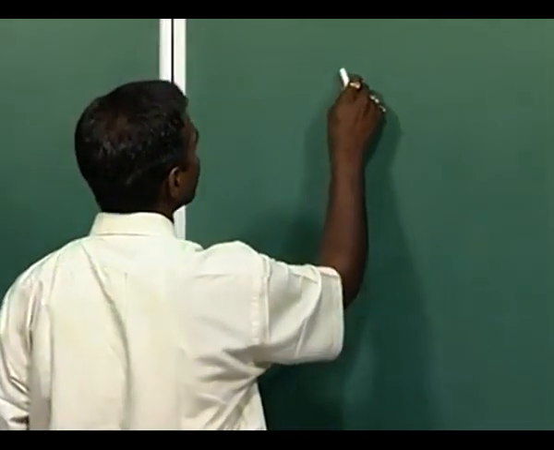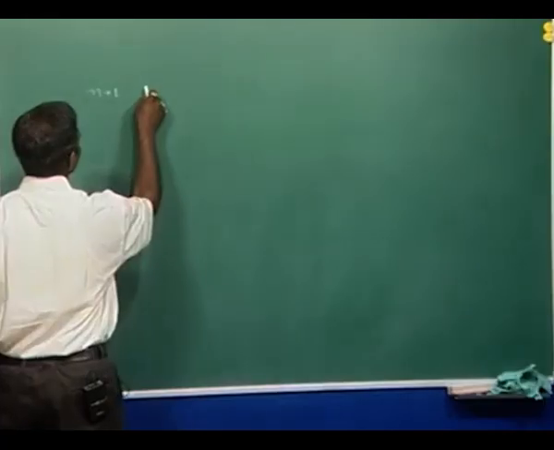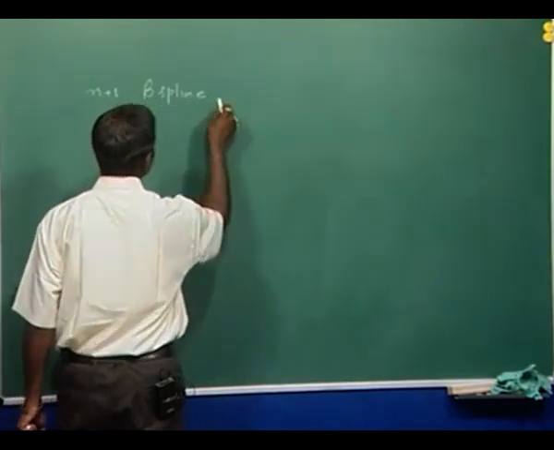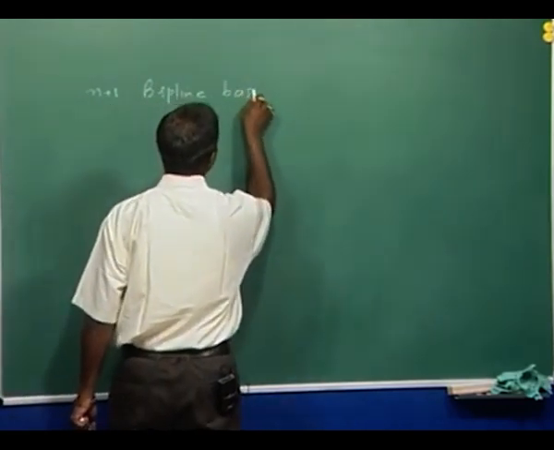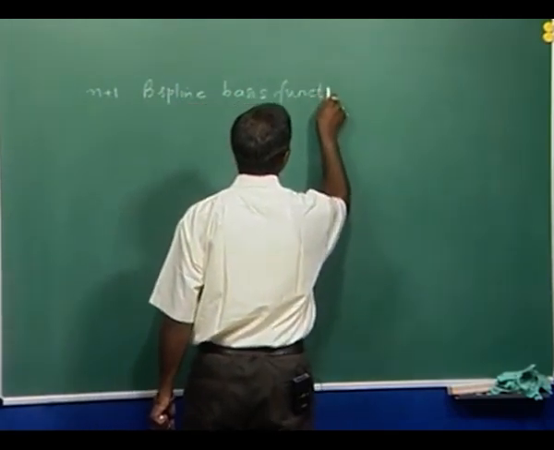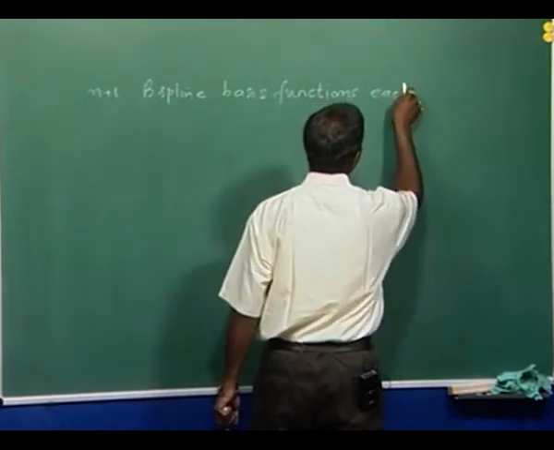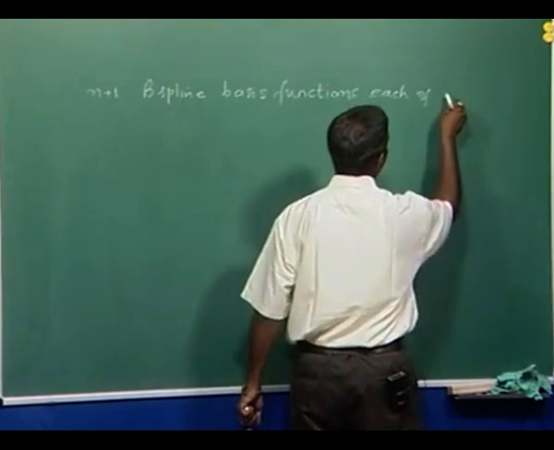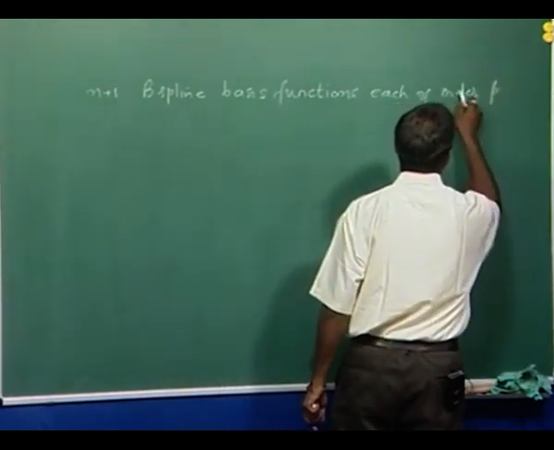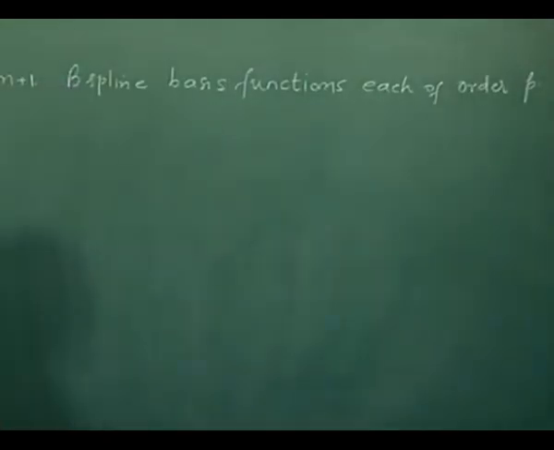So we have, say, n plus 1 B-spline basis functions, each of order p. Let's try to sketch them.